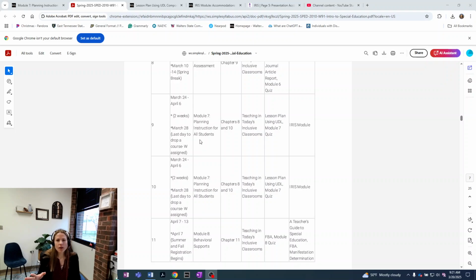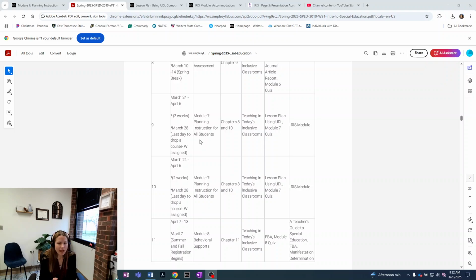So you can see here, earlier in the semester, back in Module 2, if you remember back that far, I know a lot of us have slept since then, but we were talking about what is UDL, what is Universal Design for Learning, how does it fit in this special education classroom? Well, now we're looking at how do we actually plan. So you did a practice where you were getting activities and putting things in the UDL and looking at how you do representation.